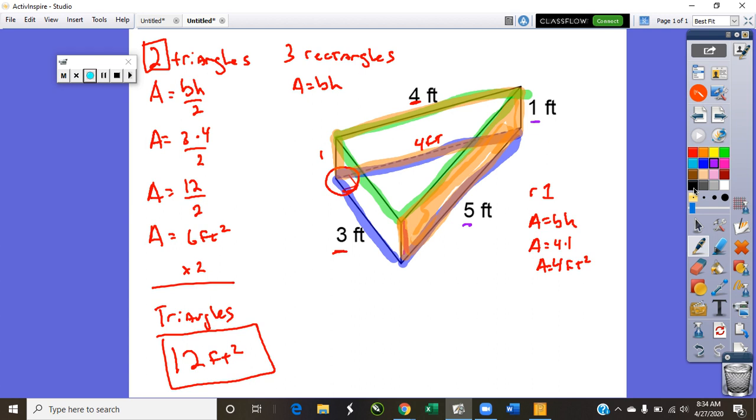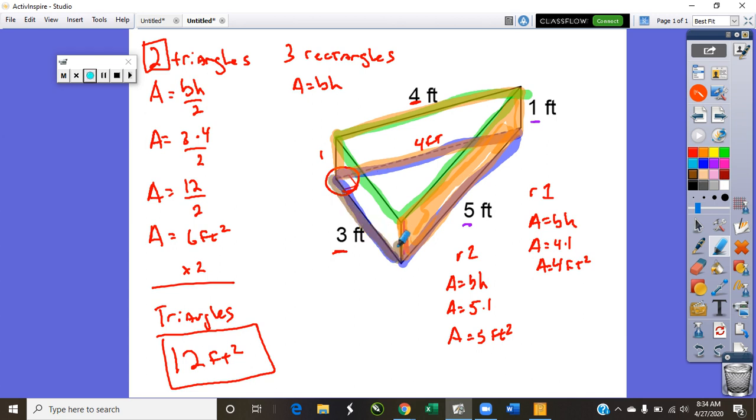So we'll call this rectangle 2. Okay, so area equals base times height. Area equals 5 times 1. So this area would be 5 feet squared. Okay, and now let's take a look at finding the area of this last rectangle.